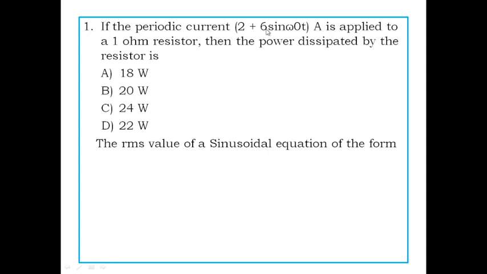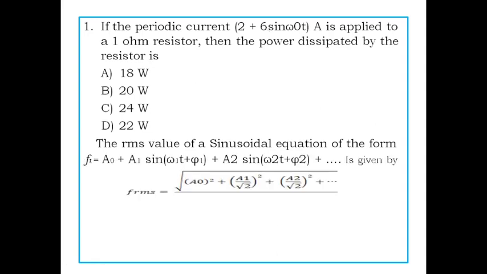To find the RMS value, we have the formula something like this, that is square root of the first quantity, that is a naught square plus a1 by root 2 whole square plus a2 by root 2 whole square, and so on. Here we have only a naught and a1 quantities, that is a naught is 2, a1 is 6. So we can take only these two and get the I RMS. I RMS equal to square root of 2 square plus 6 by root 2 whole square.